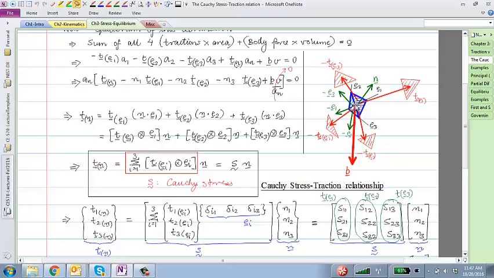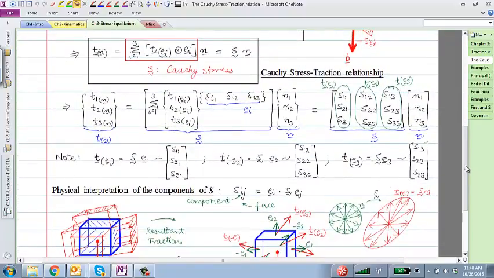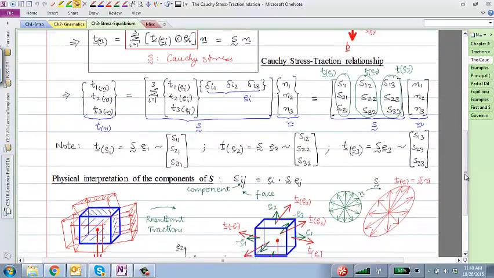If you are trying to draw the free body diagram of a part of that body, then at every point on the cut of that free body diagram, you would have to draw the external forces acting at that point. Those external forces would be the tractions, which would be obtained by taking the stress acting on the normal at that point.